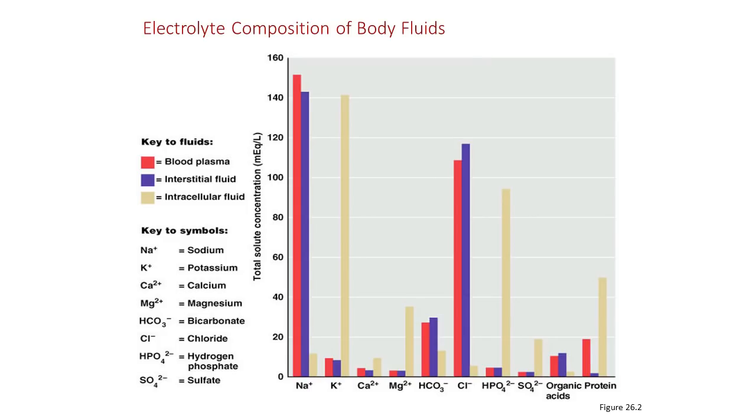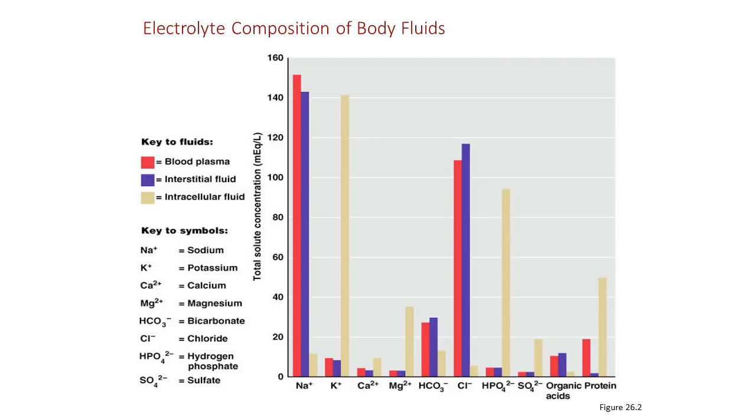This figure is in your textbook, and again it's just illustrating the concentration differences of the electrolytes in the intracellular and the extracellular compartments in the body. So remember that blood plasma, represented by the red bar, and interstitial fluid, represented by the blue bar, are both components of the extracellular compartment or extracellular fluid, and then the tan or light colored bar represents the intracellular fluid.